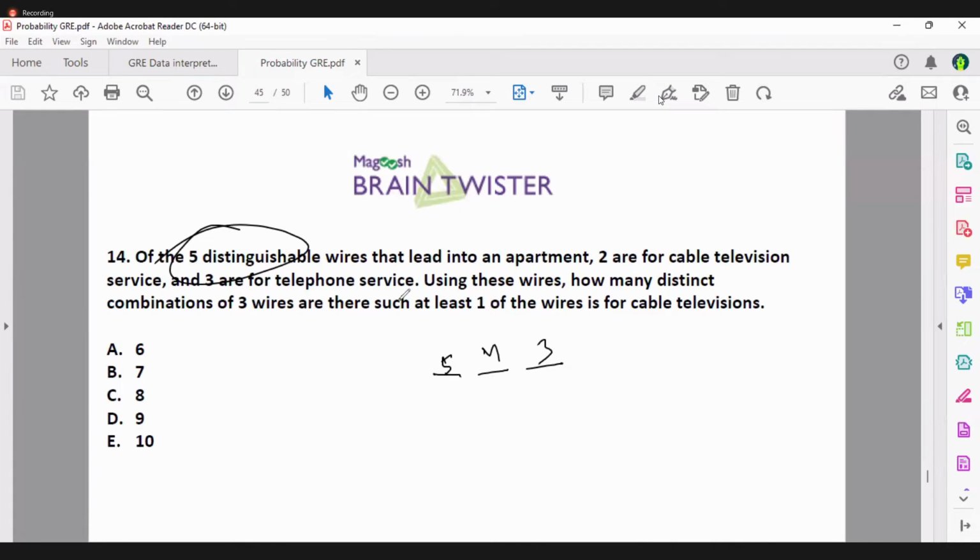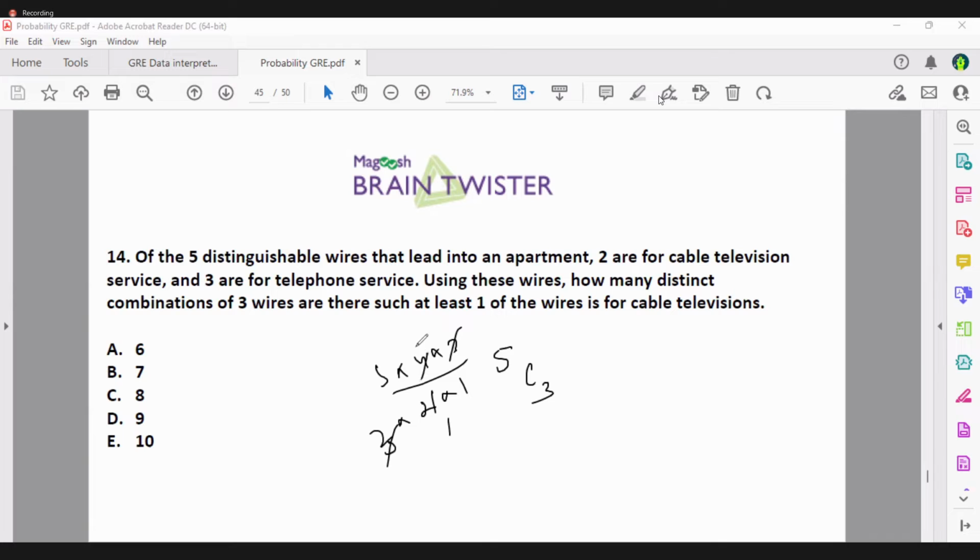But it is basically 5C3 that you are doing. Out of 5 wires, you are choosing 3 wires, so 5 into 4 into 3 over 3 into 2 into 1. So this and this obviously get cancelled.